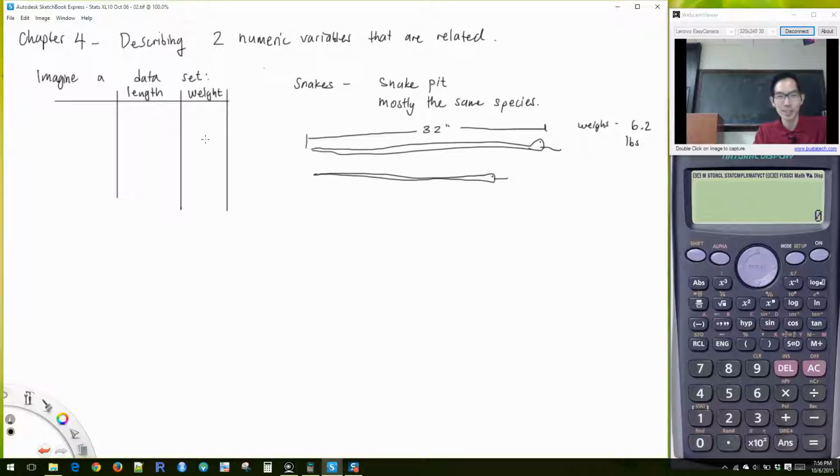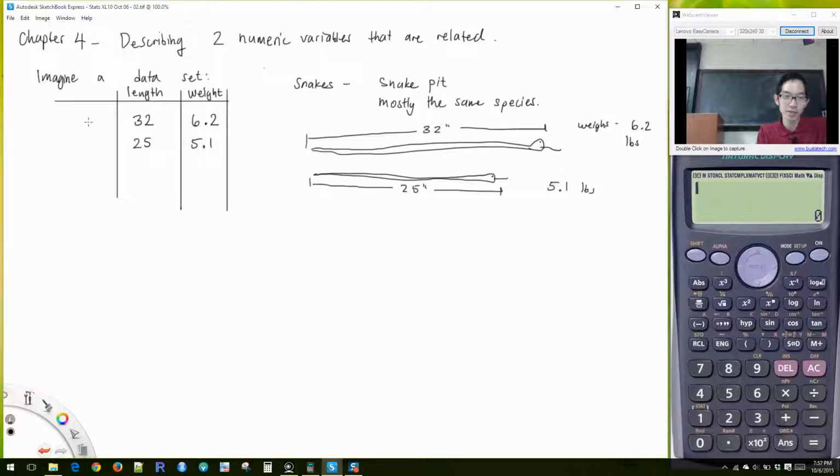Okay. And so we're going to keep track of these things. I'm completely making up these numbers. So this guy, maybe he's only 25 inches long. And how much do you think he weighs? Well, I'm going to just write 5.1 pounds. Who knows? I'm just making stuff up.